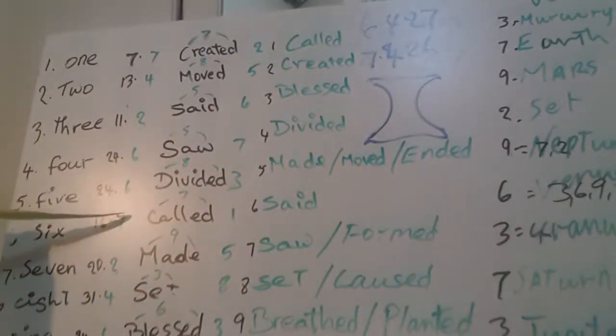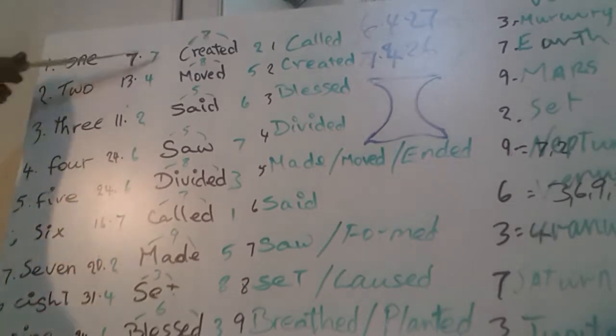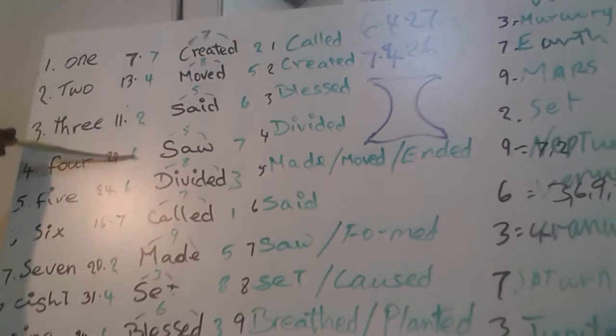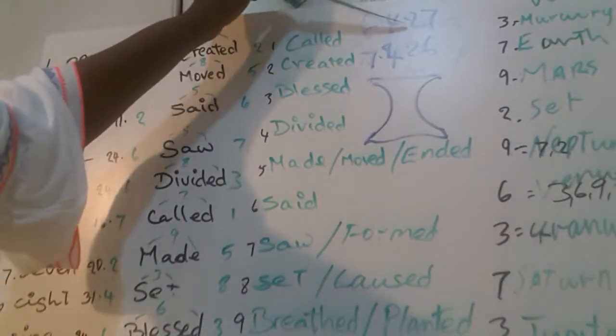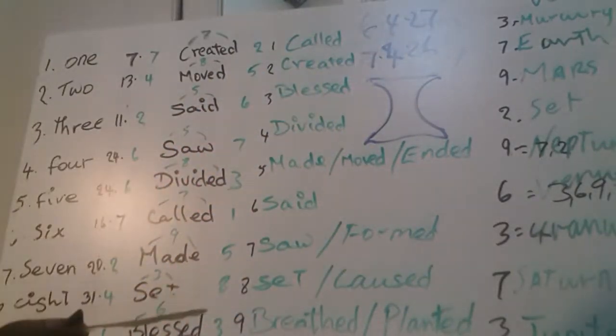I hope I've got this correct. Yes, 7, 4, 2, 6. So there's another placement with the 7 and the 6 at the end. But we can see that the numbers are really mirroring each other.